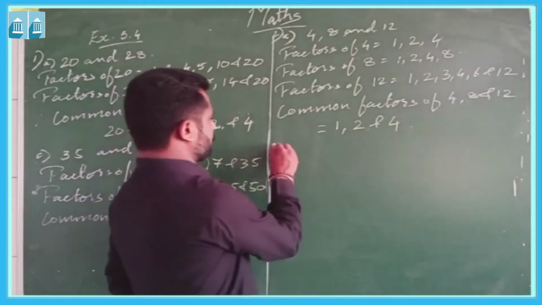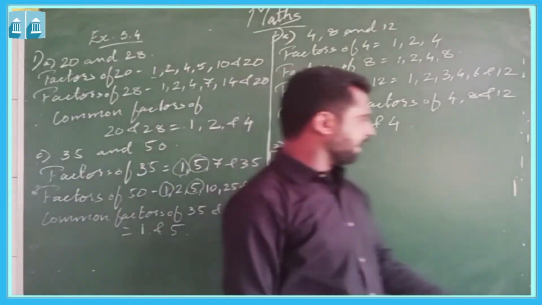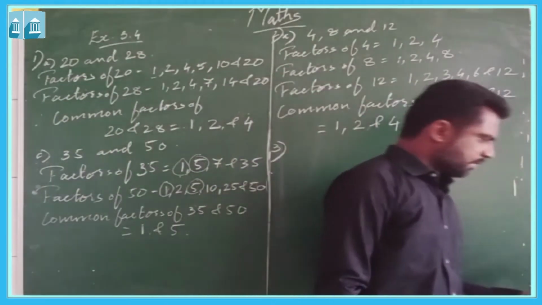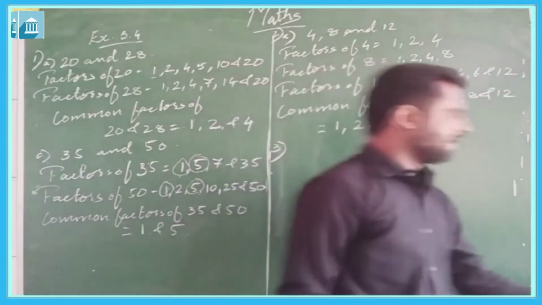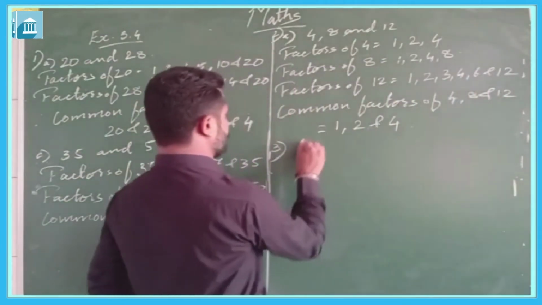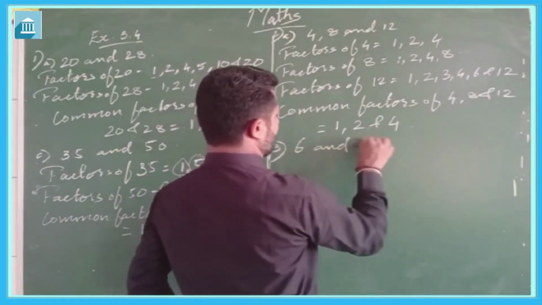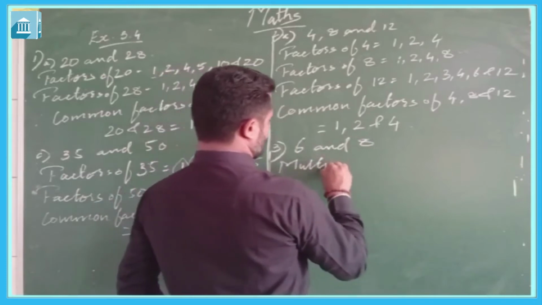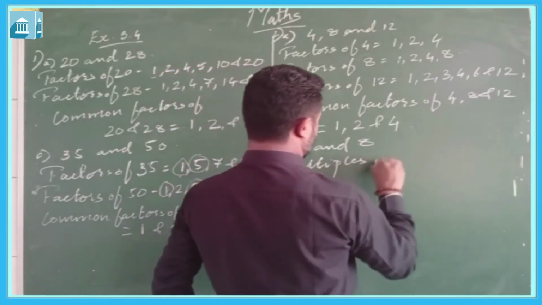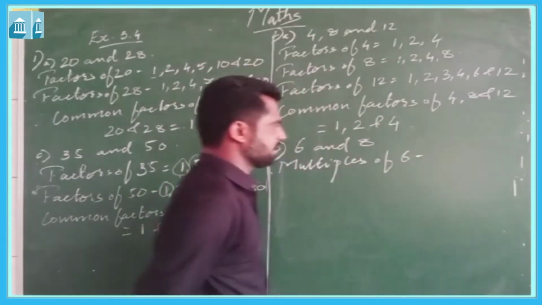Now let us see question number 3. Question number 3 is find the first 3 common multiples of 6 and 8. So first we need to find the multiples of 6.